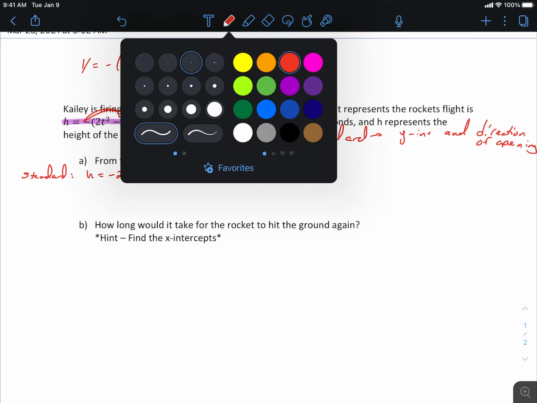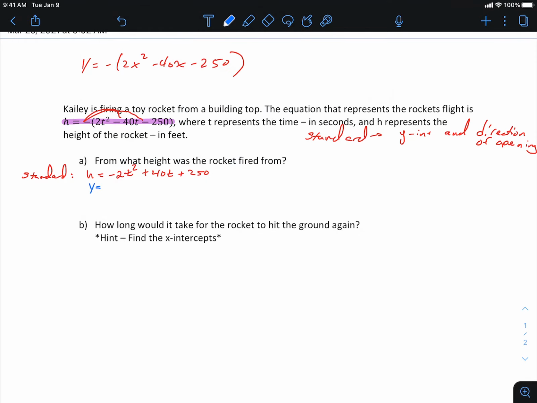So if I were to write underneath here, y equals a t squared plus bt plus c. We said the y-intercept is going to be our c value. So our y-intercept with this question is going to be 250. What does this mean relative to the question?